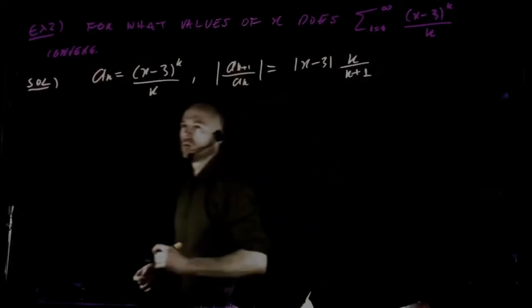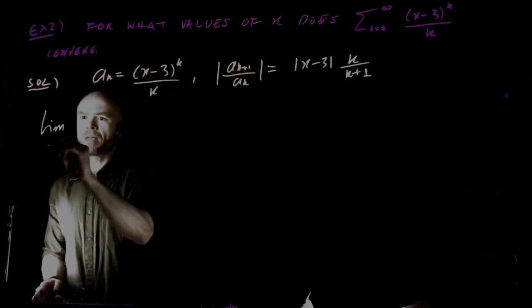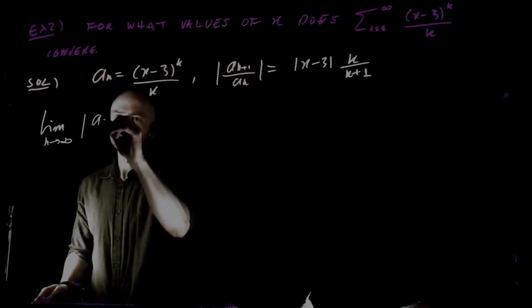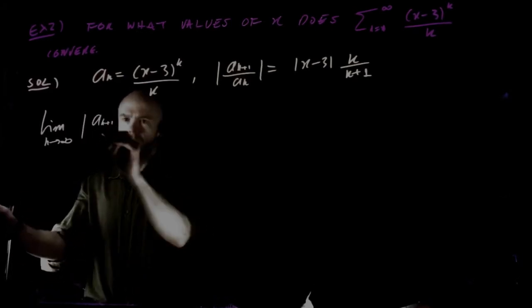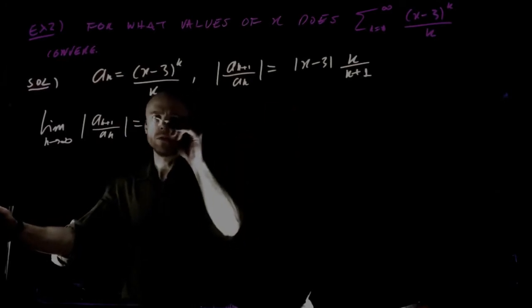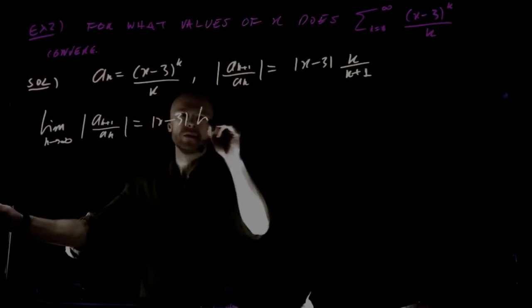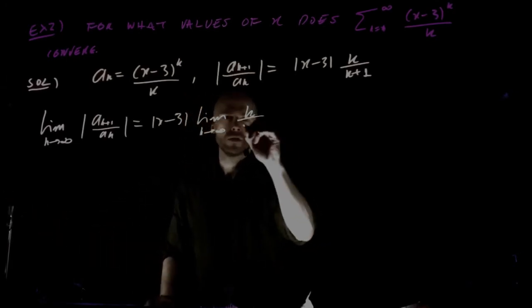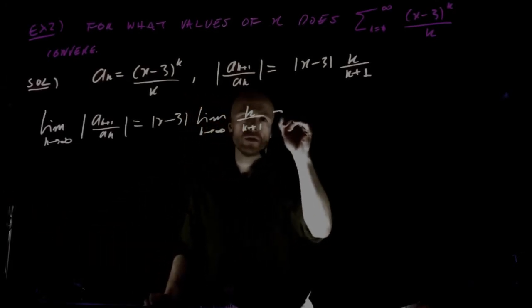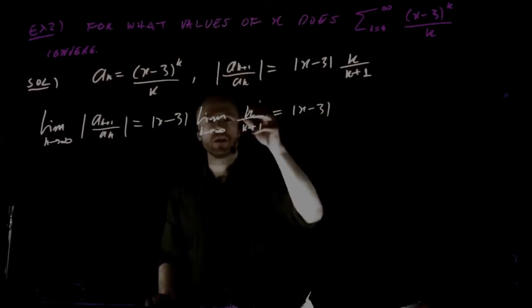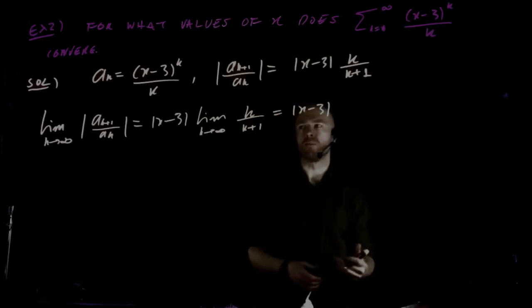Okay, so what would the limit be? The limit as k goes to infinity of a_(k+1) over a_k. We can take out the x minus 3 since it doesn't depend on k, and it's just going to be the limit as k goes to infinity of k over k+1, which is just mod x minus 3, right? Because you're all happy that k over k+1 is just going to tend to 1.